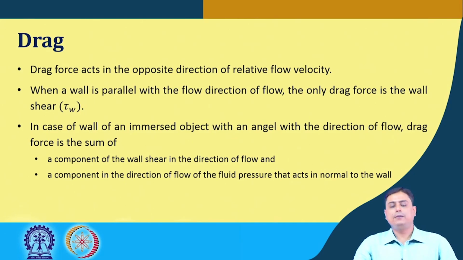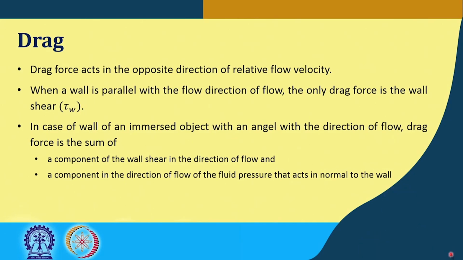Similarly, if the boat is moving at the same velocity as the free stream velocity of this river, then there is no drag on it, because there is no relative velocity.